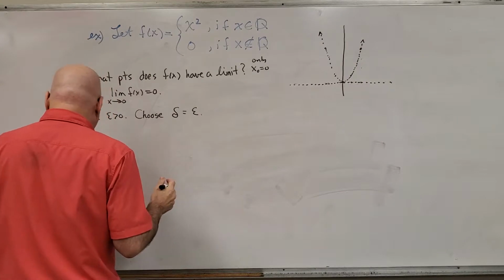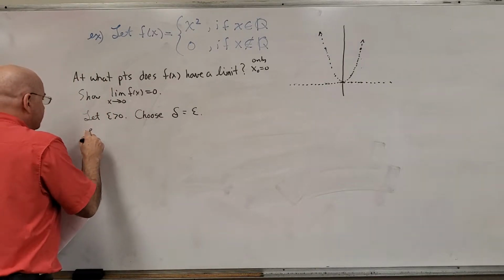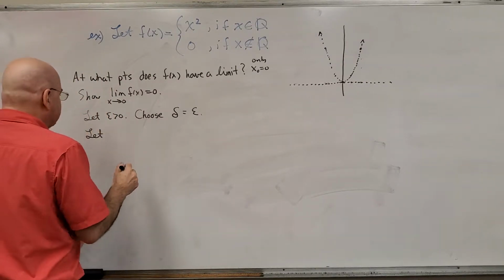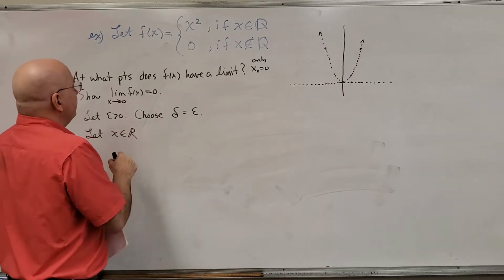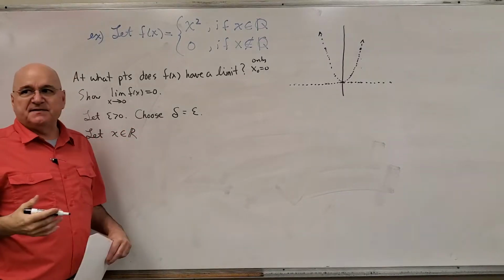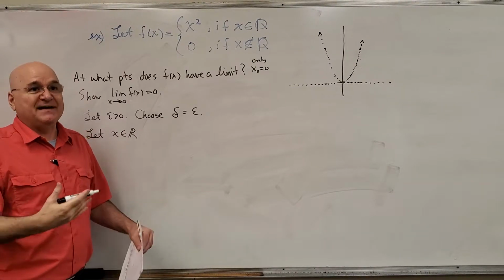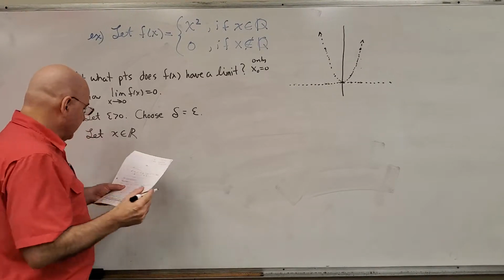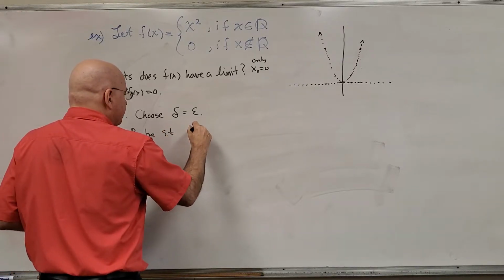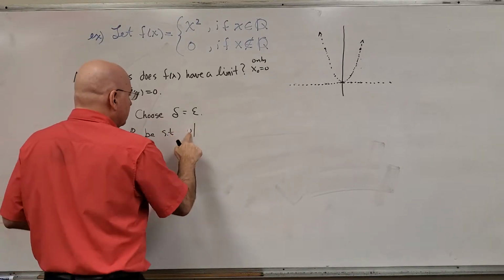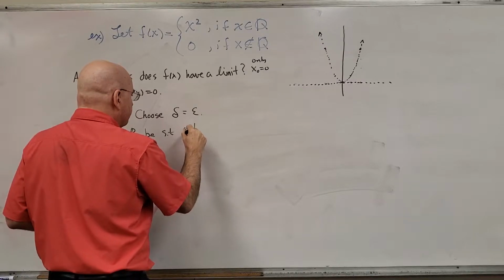So, let x be such that, I'll go ahead and say x a real number. That's only because the domain of this function is all real numbers. So let x be a real number, and let it be such that it's close to x naught.